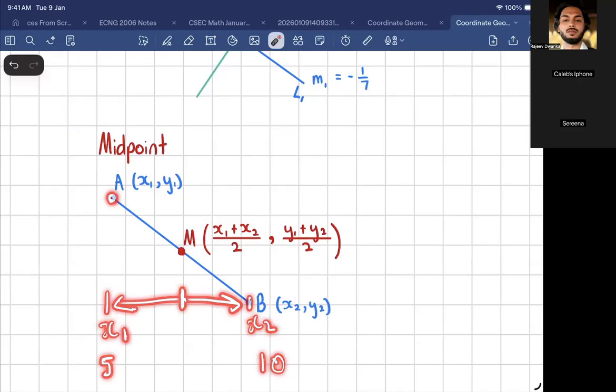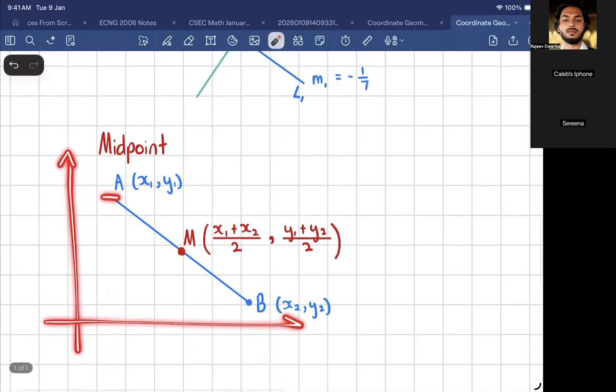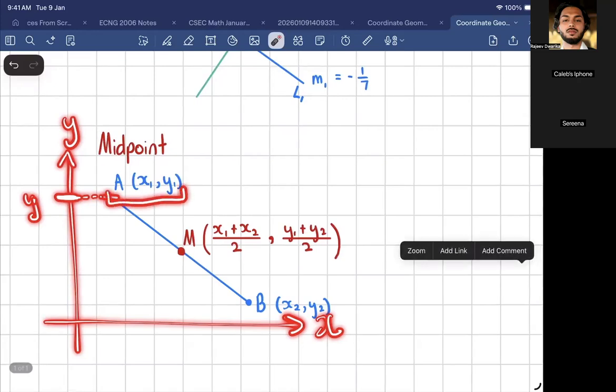And Caleb, let's try to understand something. If again this is x1, y1, imagine this is the y-axis over here, and this is the x-axis over here. So Caleb, what would this correspond to on the y-axis? Y1. Right, y1.